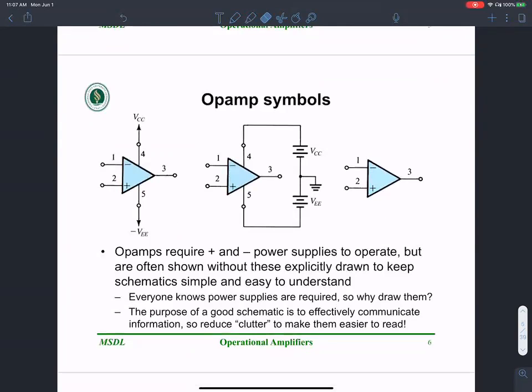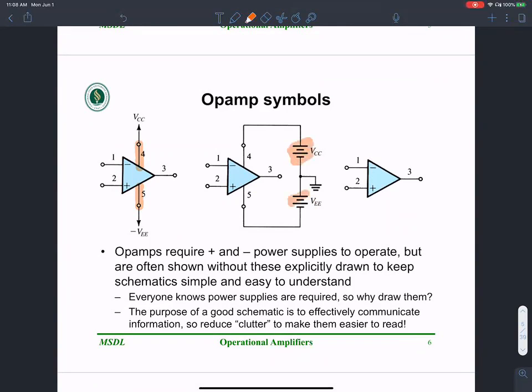Op-amps, in addition to the inputs, do require a positive and negative power supply. When you're connecting your op-amp on a breadboard or anywhere, even in an integrated circuit, they do need power supplies. We just don't want to show them explicitly, because as engineers we know that there is no free lunch.